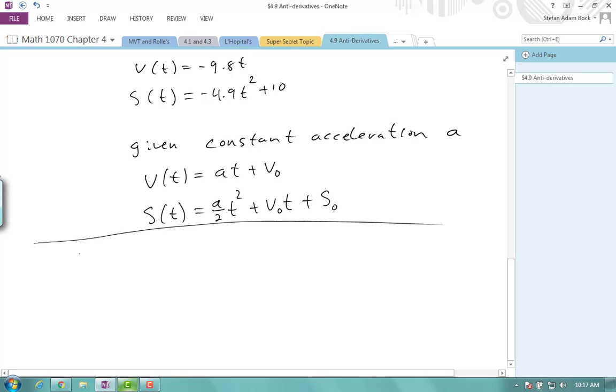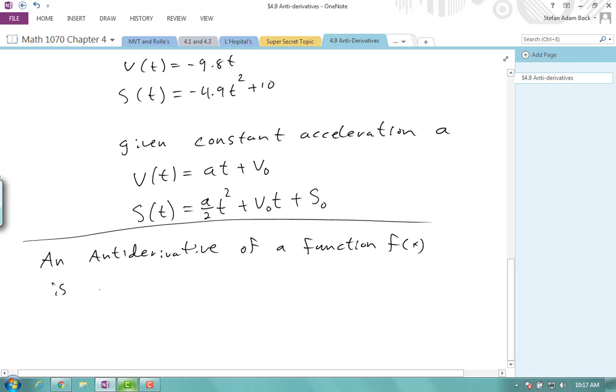And we usually declare them with capital letters. So we'll say an antiderivative of a function f of x is some function big F of x such that big F prime of x is equal to little f of x.